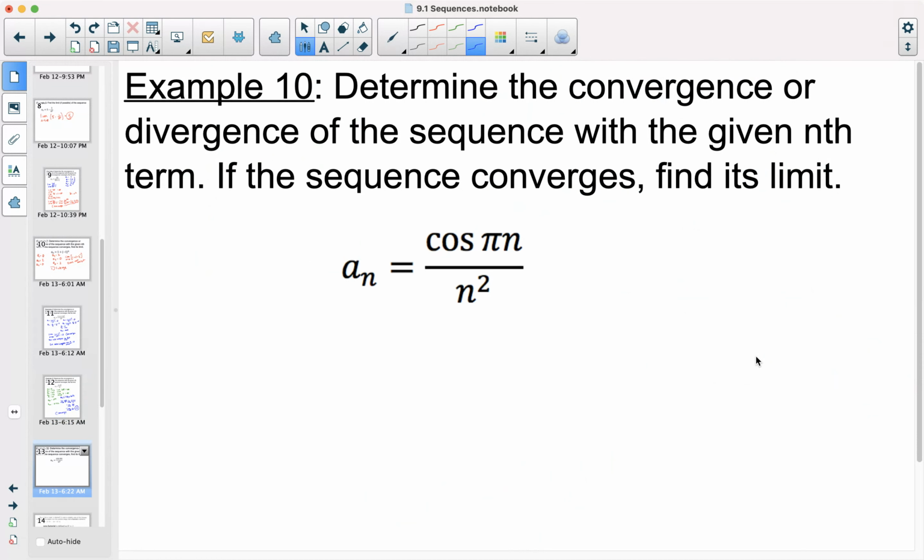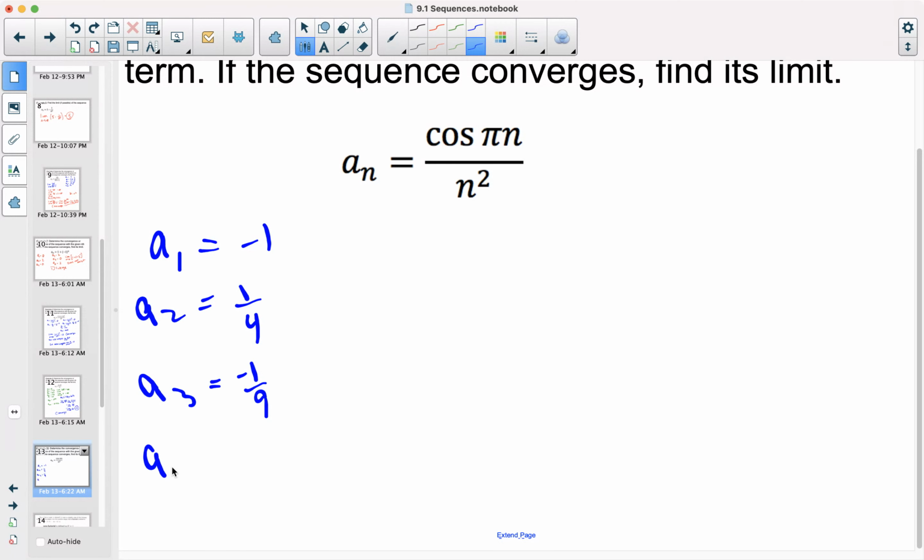All right, here we go. Determine the convergence or divergence of the sequence, same directions, and this is kind of a special one. When you plug in 1, I'm going to do this quickly. Plug in 3. I want to use the 4th term, which is that. I did the 5th term.